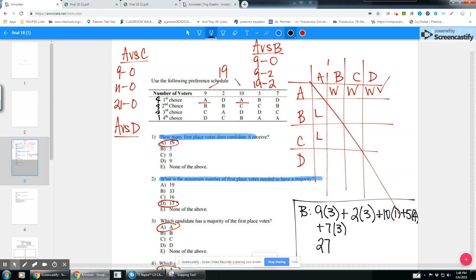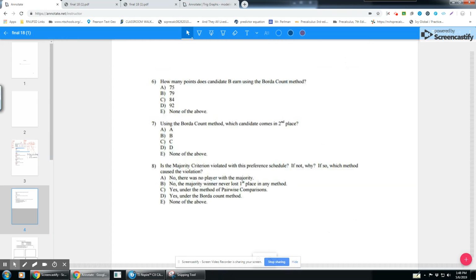So it's 27 plus 6 plus 10 plus 20 plus 21. If we add this up, that's 33, 43, 63, 84. So they get 84 points using the Borda count.